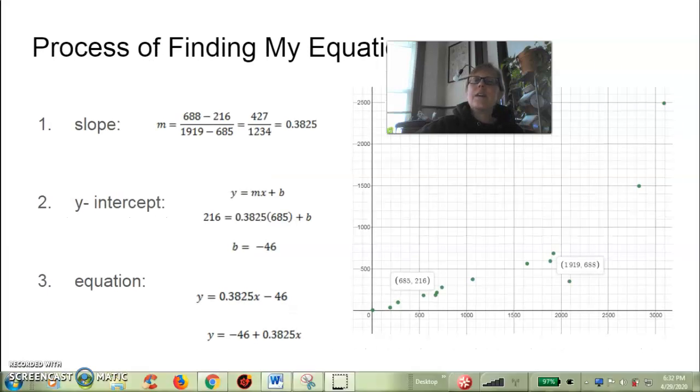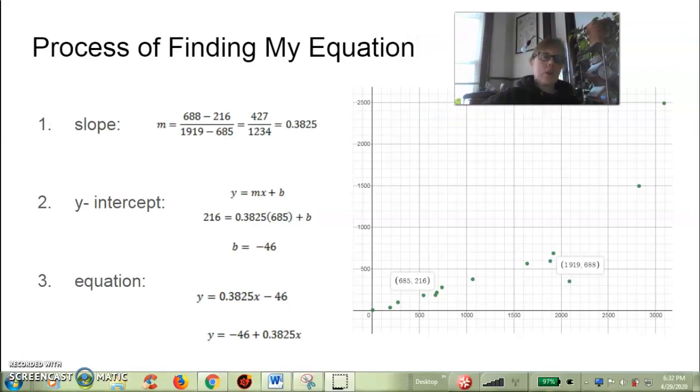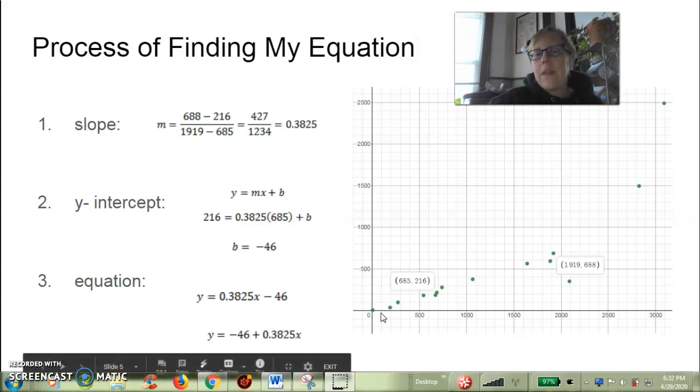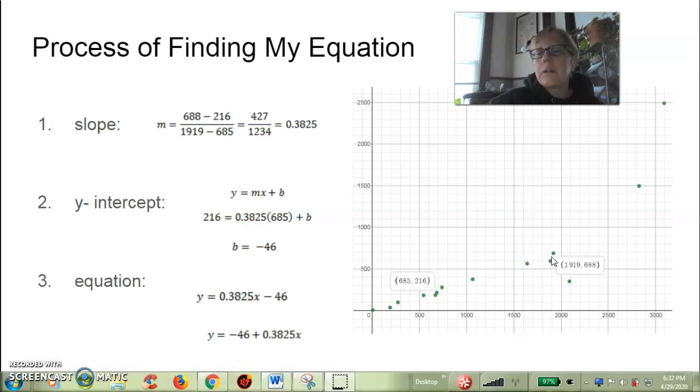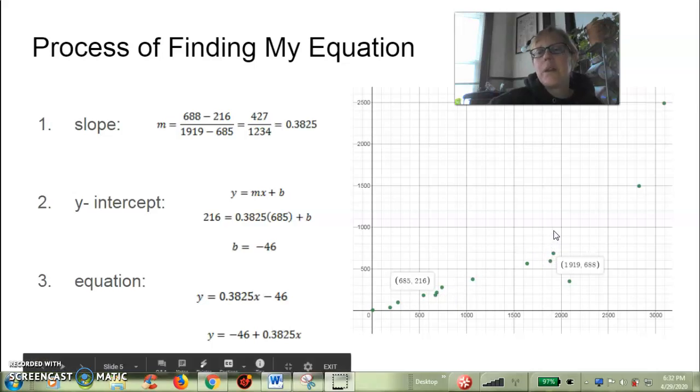All right, you can see here, I then use that to get the equation of a line. I'll talk about that in a minute, but I do want to say that puts this line right about here. Here's 1 point, this 1,119, 688, and the 685, 216. It's going to put the line pretty low.